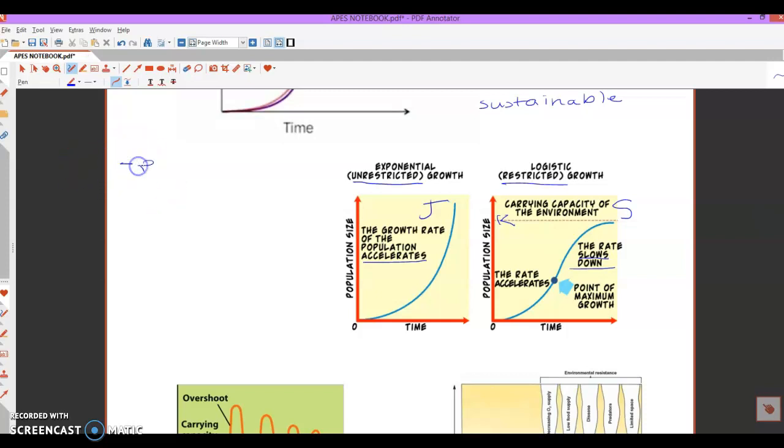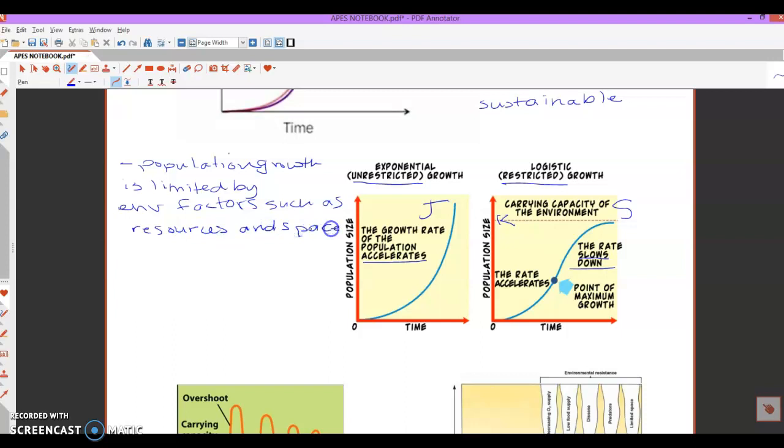So population growth is limited by environmental factors, and two of these factors are resources and space. That's common sense, right?